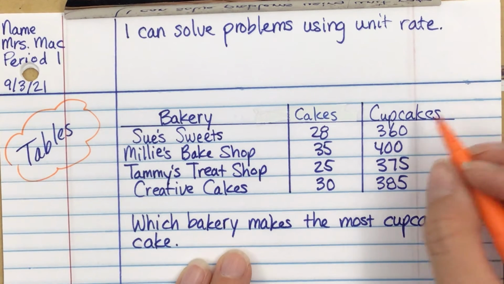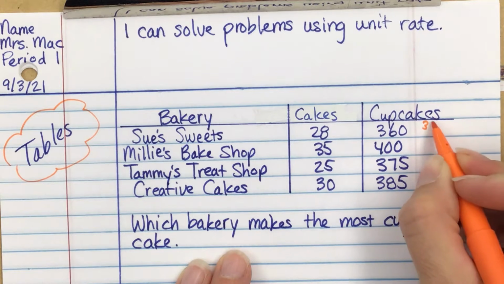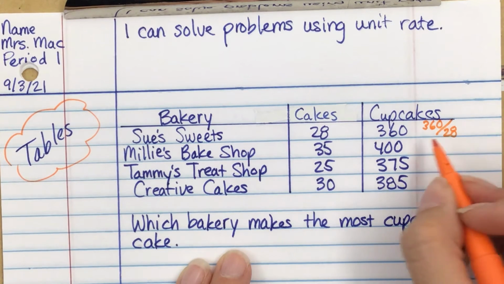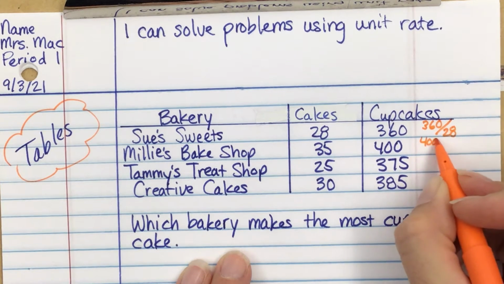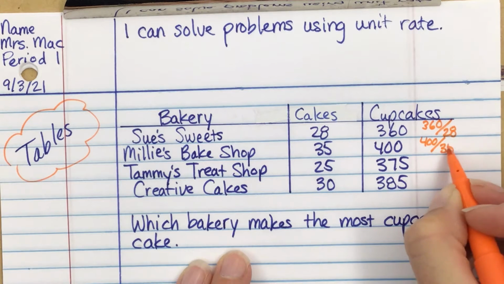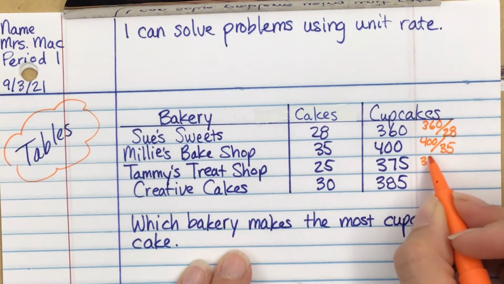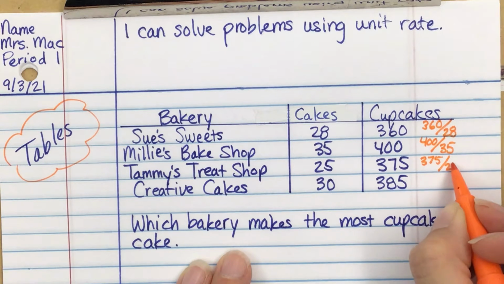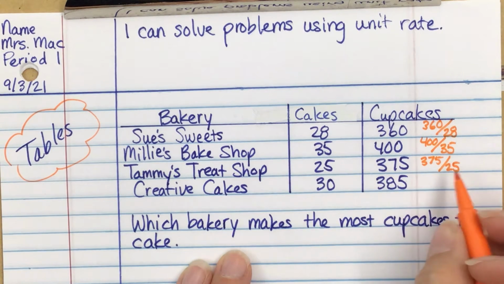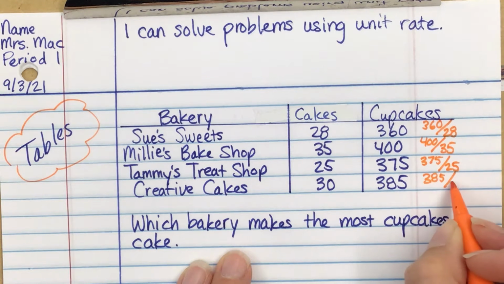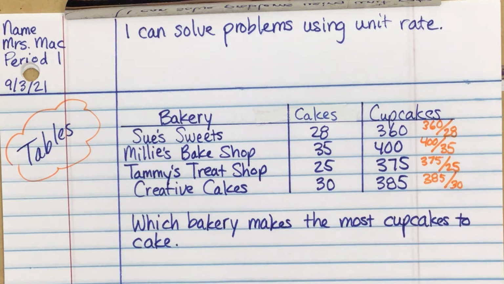So for Sue's Sweets, this is going to be 360 over 28. For Millie's Bake Shop, this is 400 over 35. Then for Tammy's Treat Shop, it's 375 over 25. And for Creative Cakes, we have 385 over 30.